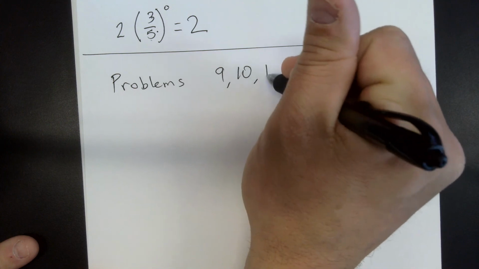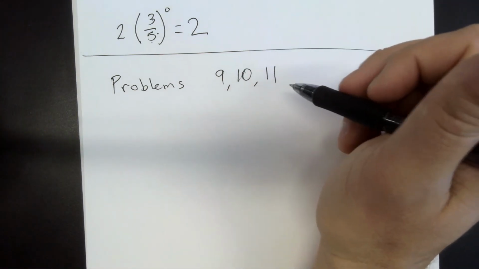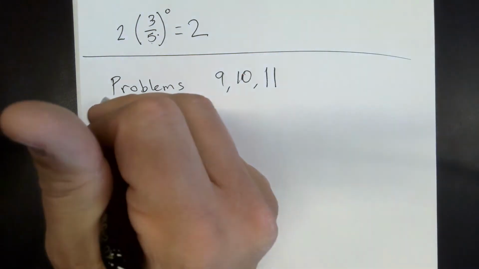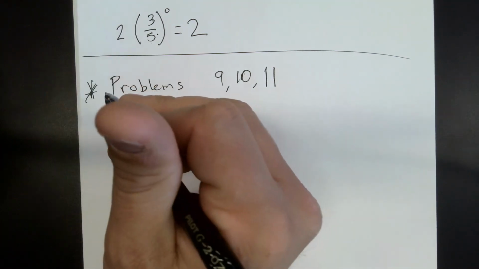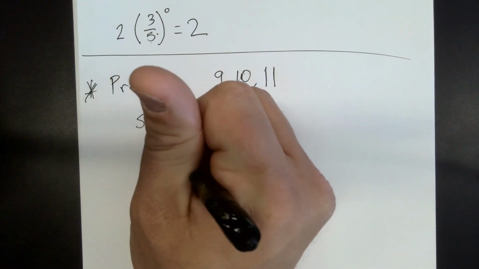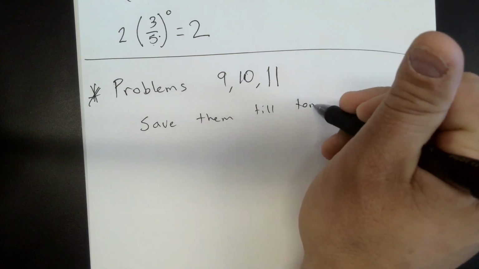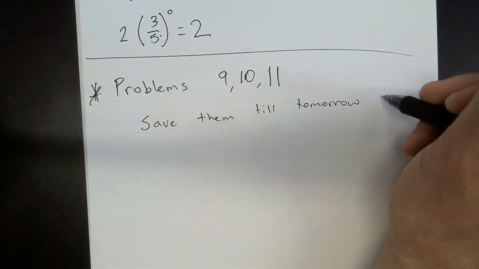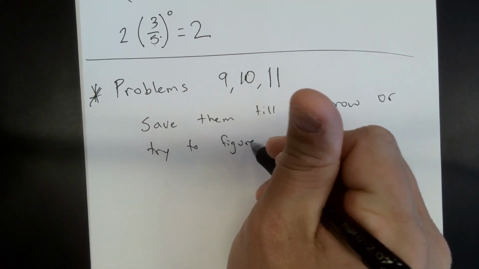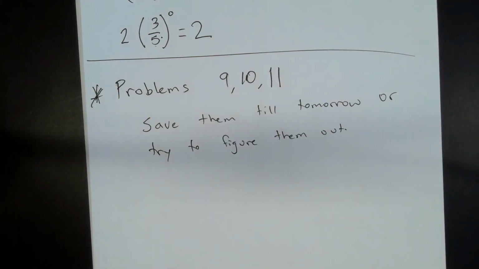Problems 9, 10, and 11. Are they even done? No, listen. So I just opened one of them up and clicked to another problem, clicked to another, and I saw it has the same issue. But listen, problems 9, 10, and 11: if you don't know how to do them, save them till tomorrow when I teach it, or try to figure them out.